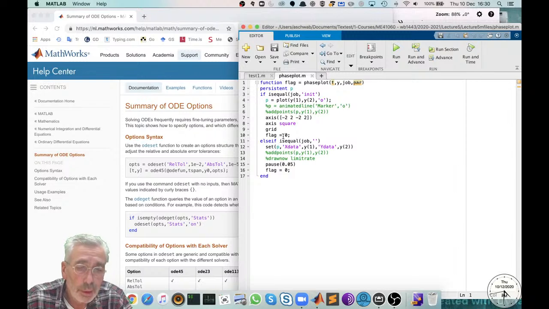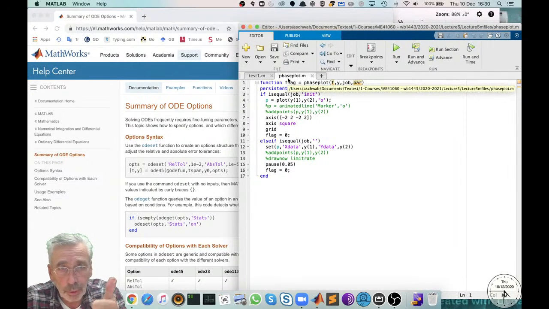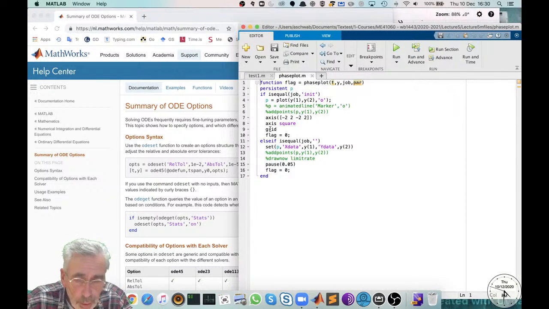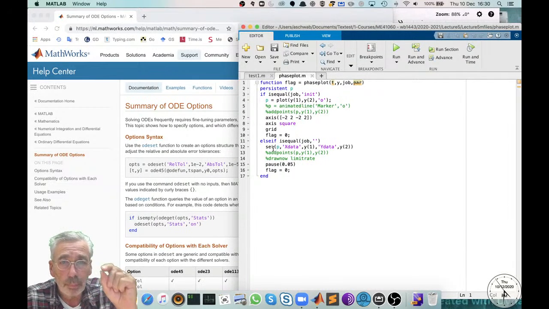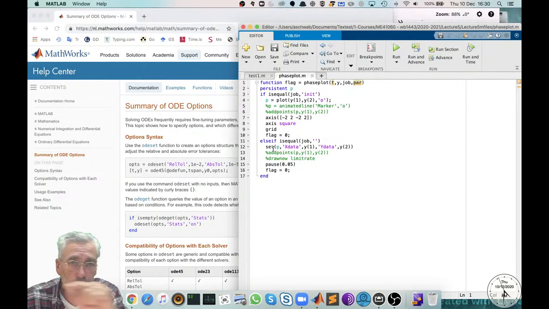And then as the flag is 0, we give that flag back like everything was okay. Then when the job is running, we want to update the position of that point, so we have a nice plot point in the phase space. Phase space is horizontal position, vertical velocity.